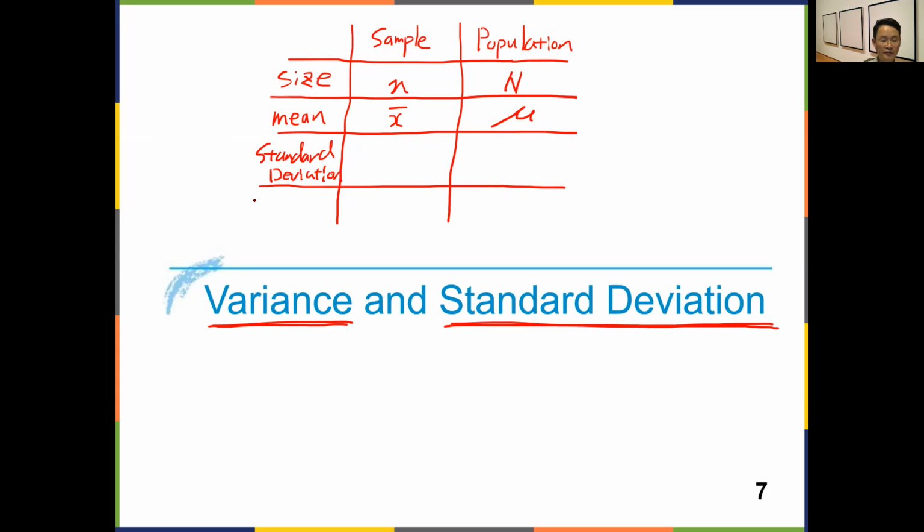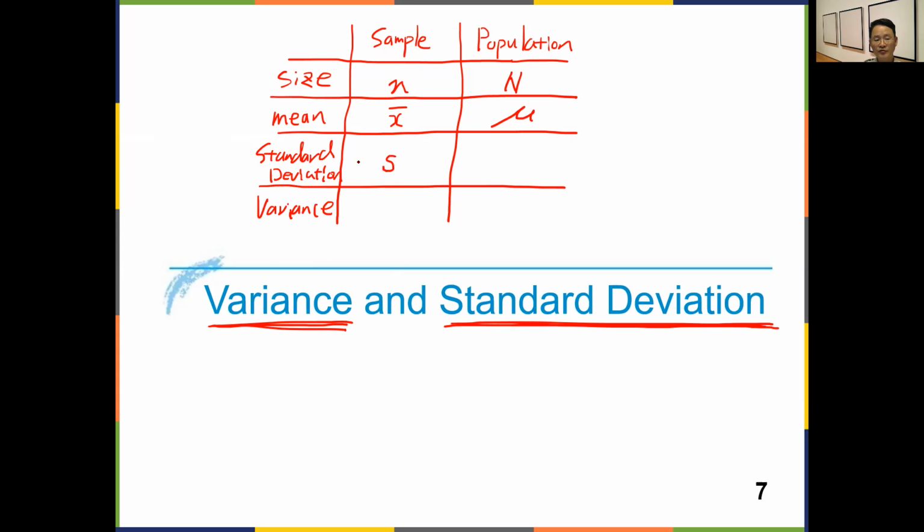Followed by variance. We are going to use slightly different symbols for sample and population. First, for sample standard deviation, we use lowercase s.